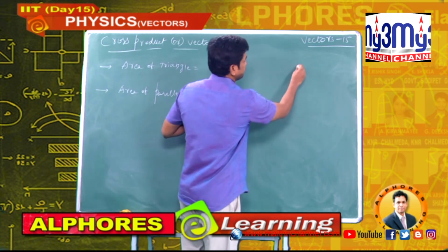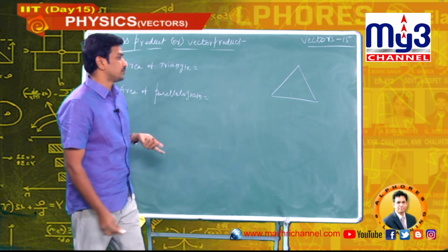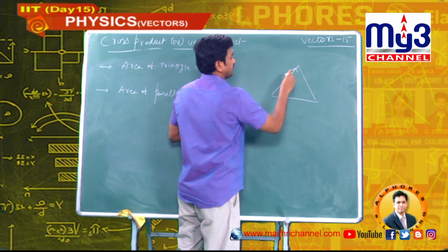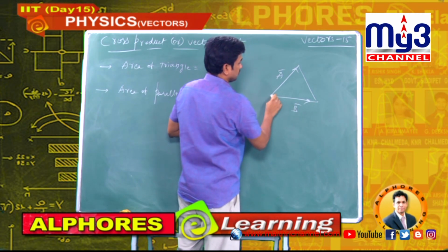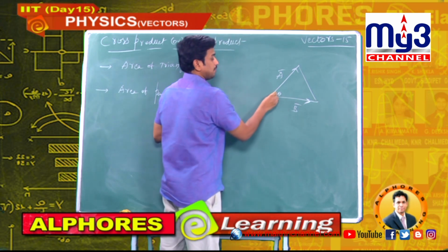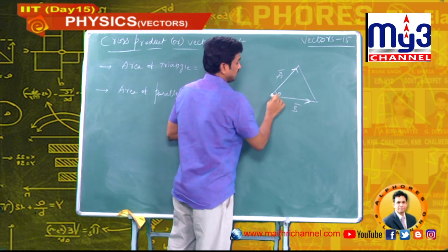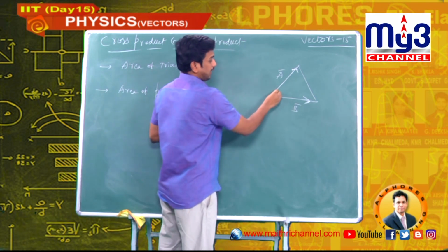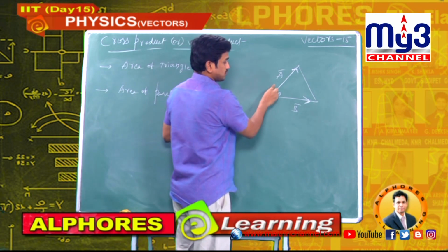First, the triangle. See, a bar, b bar, with the angle between the two vectors theta. a bar head and tail, b bar head and tail, angle between the two tails theta. Now these two are the two vectors.